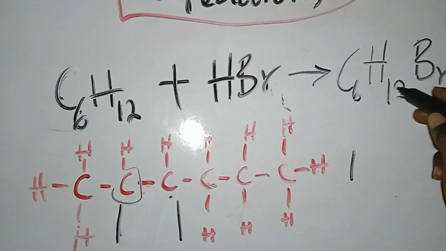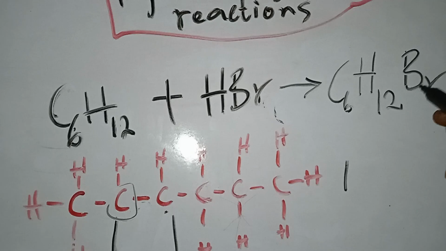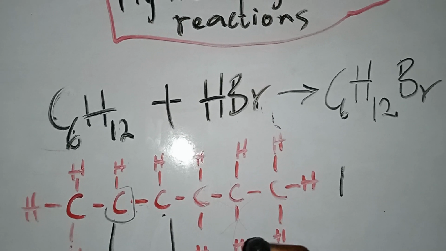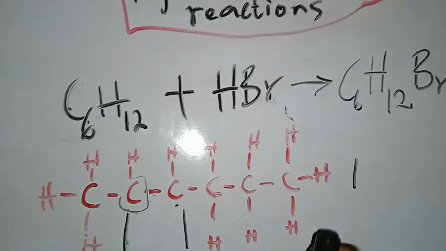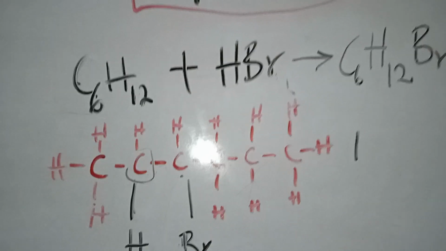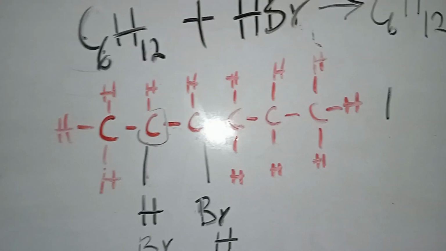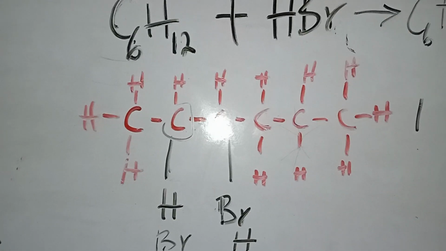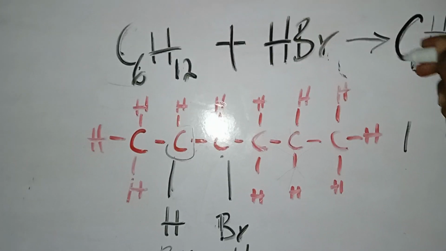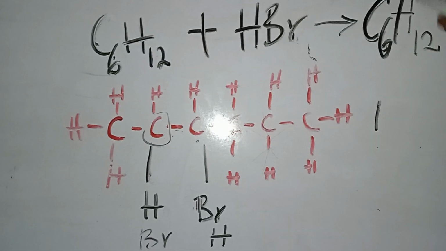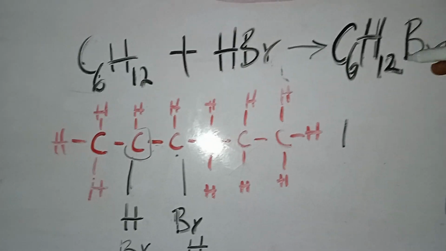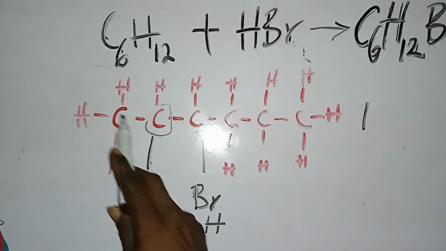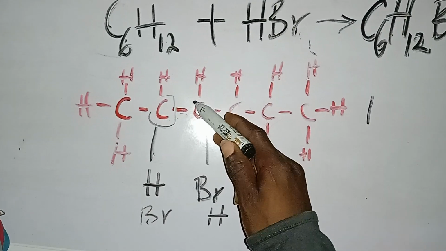So C6H12 bromine. So it's a bromoalkane. And if we want to name this compound, we are going to have C6H12 bromine. This is 1, 2, 3.